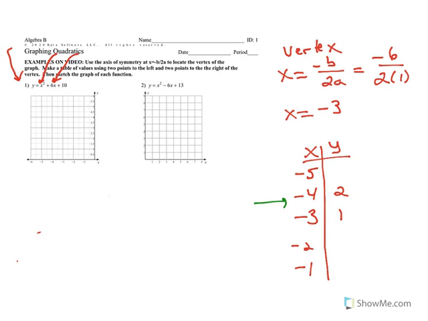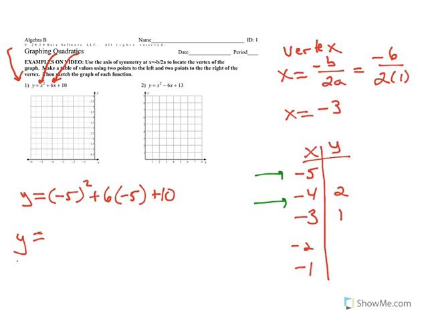And then we'll do when x is -5. So -5 squared plus 6 times -5 plus 10.